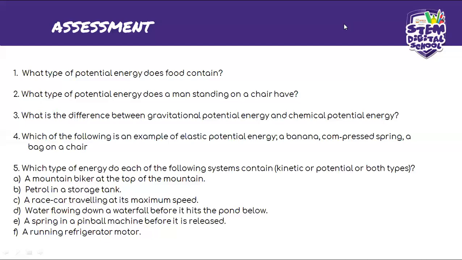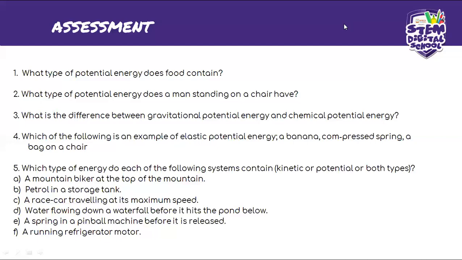Okay, so you go to B, petrol in a storage tank. Petrol in a storage tank, what is it? C, a race car traveling at its maximum speed. Is this race car having potential energy or kinetic energy? Then we're looking at D, which is talking about a waterfall.